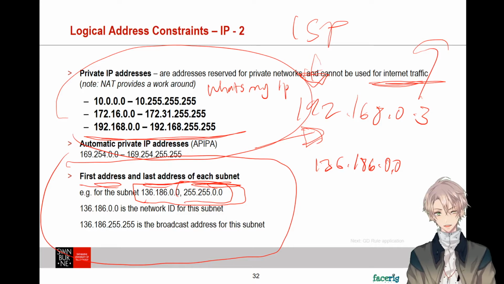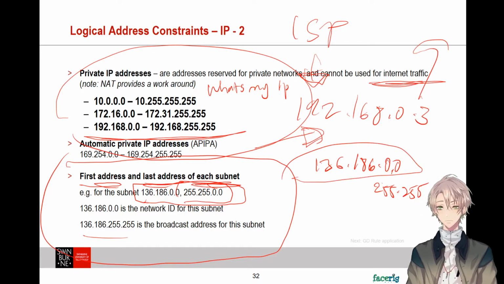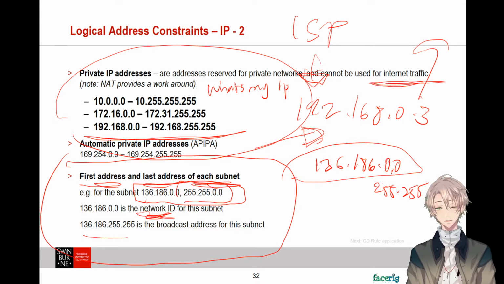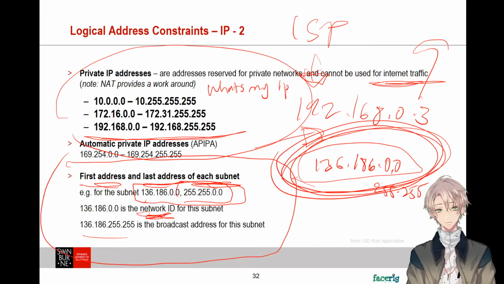So the last address of this will be 255.255 in the end. This is your broadcast address. And then the first one, 136.186.0.0, is your network ID, your network address, your subnet ID. Yeah, the name keeps changing. But you cannot use that ID to assign to a host. Basically, you cannot assign this IP address to any of your devices.